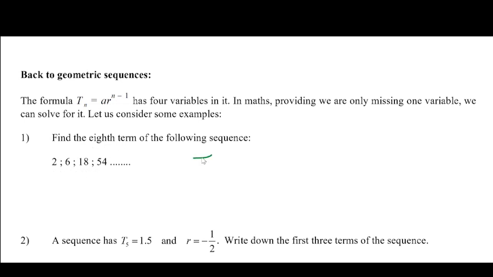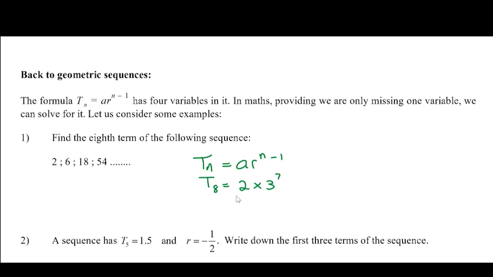Our formula is Tn equals ar to the n minus 1. We want T8, so a is 2, r is 3. 6 divided by 2 is 3, 18 divided by 6 is 3, and we're finding T8, so it will be to the power of 8 minus 1. It will in fact be to the power of 7.